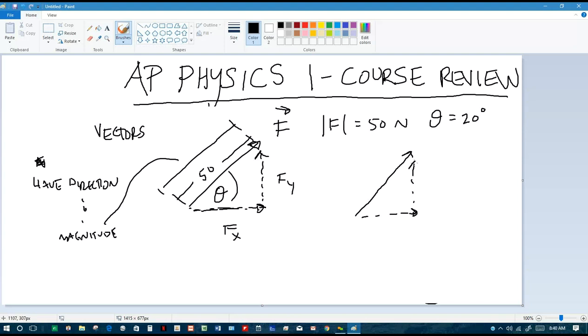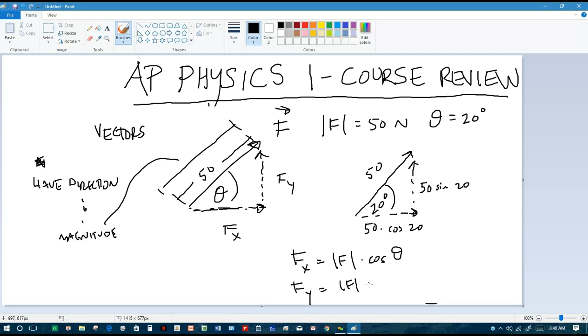Well, that means you could work out the components by just doing some trigonometry and saying, okay, this is going to be representative of 50, this is going to be 20 degrees, and therefore this one will be cosine 20, because adjacent always goes with cosine, and this one will be sine 20, because sine always goes with the one that's opposite. And so in general, the x component is the magnitude of the force times cosine theta, and the y component is the magnitude of the force times sine theta.